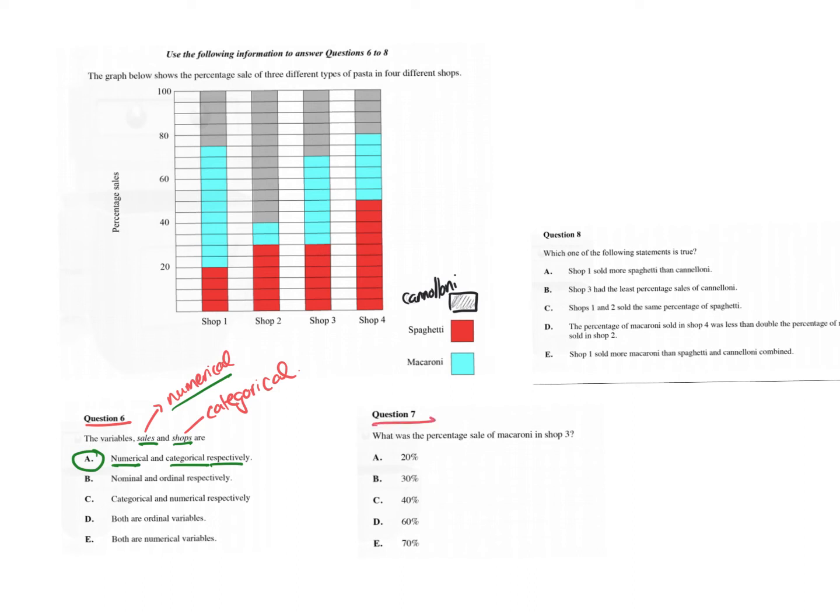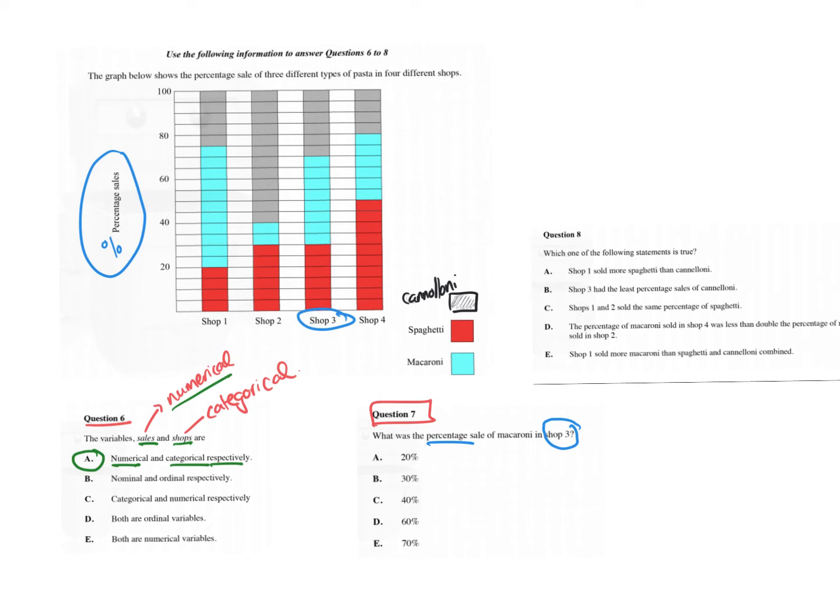With question 7, it says, what was the percentage of sales of macaroni in shop 3? So you only want shop 3, and they want a percentage. Now this is a percentage frequency bar chart, so I don't have to convert anything.